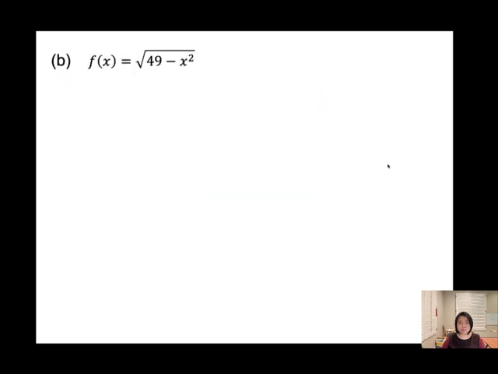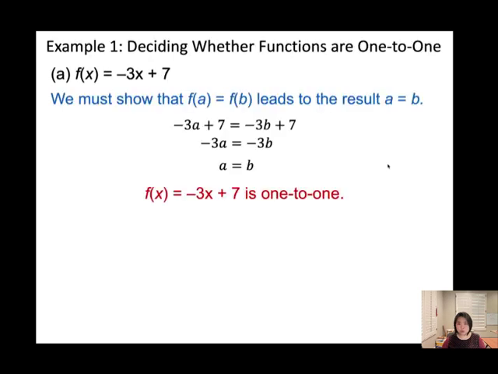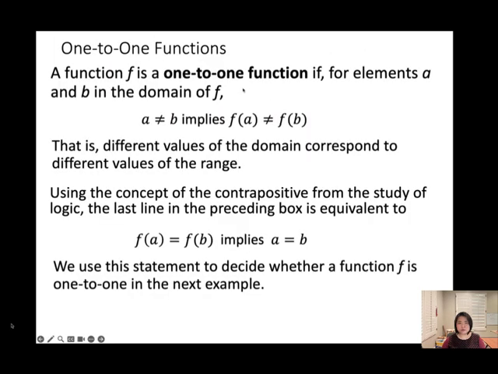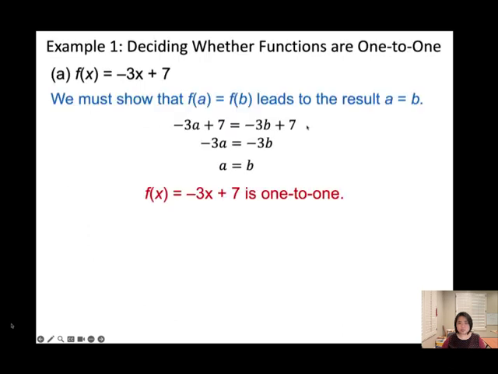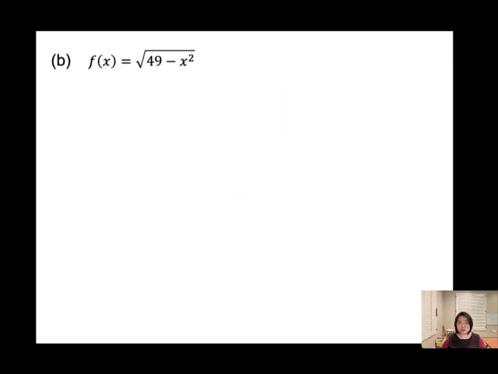Okay, try this example. This one, we may want to use this theorem to solve it: a not equal to b implies that f of a not equal to f of b. Think about it, I do have an x squared here. When we have a negative number for x and you take the square, the negative goes away.